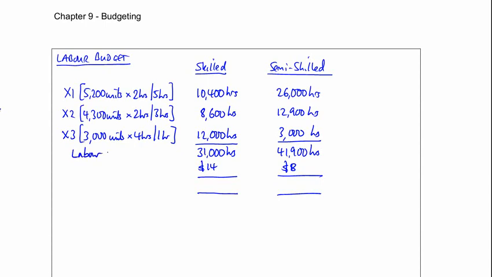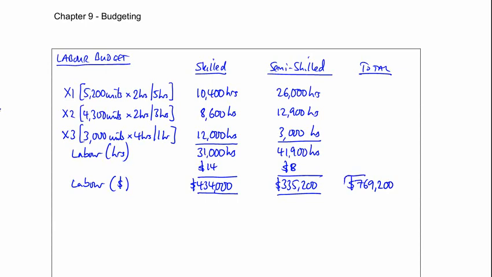So that's our labour hours budget, and here's our labour budget in monetary terms. 31,000 hours times $14, that's $434,000. And semi-skilled, 41,900 hours at $8 an hour, $335,200. And if we wanted to work out the total, obviously it's just those two added together, which comes to $769,200.